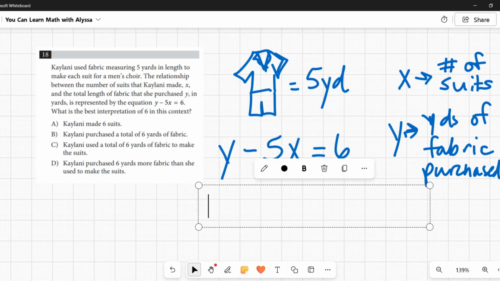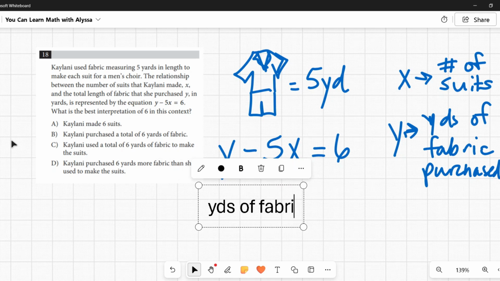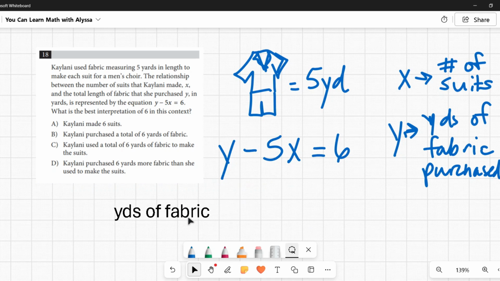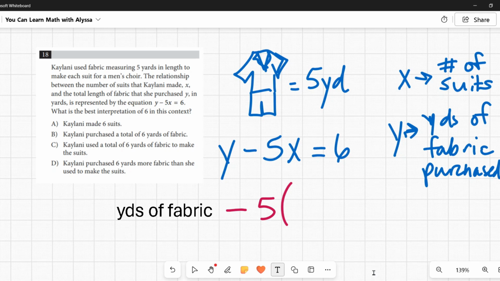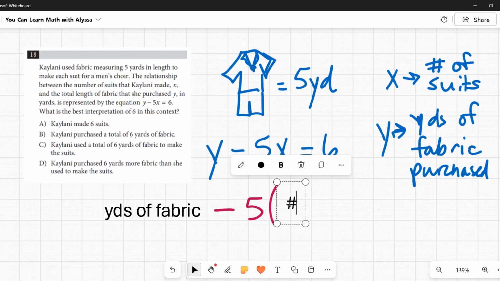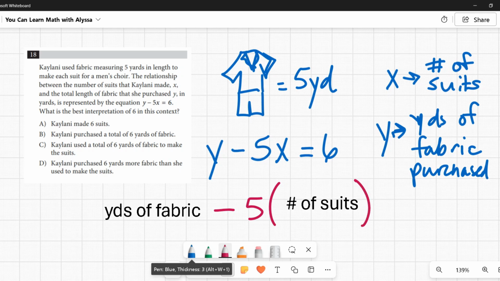Then we're going to subtract 5 times the number of suits, and that equals 6.